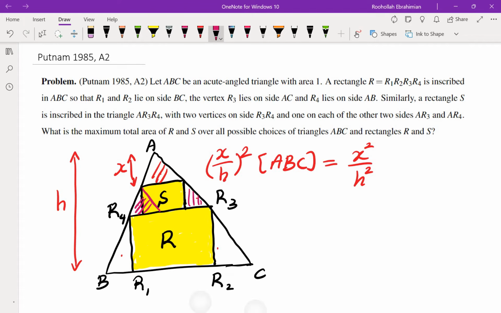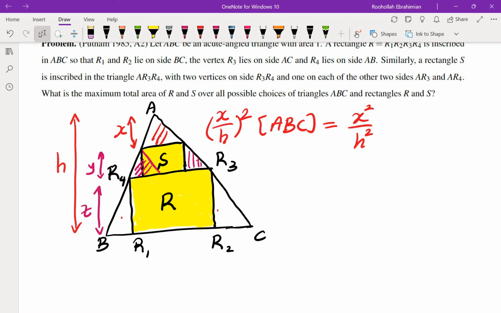So if I add the two triangles, I also get a triangle similar to the original one. If I call this height y and this height z, the area of the red triangle and the area of the green triangle can also be evaluated in terms of y and z and h.